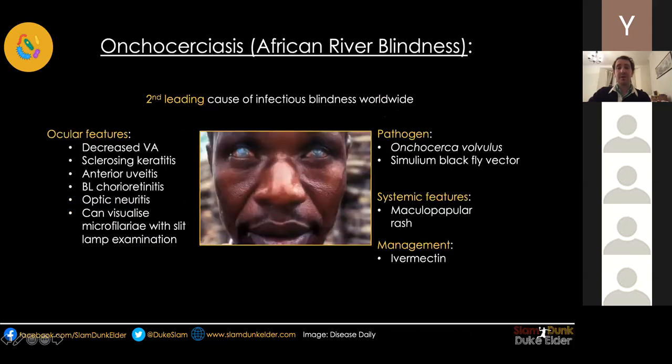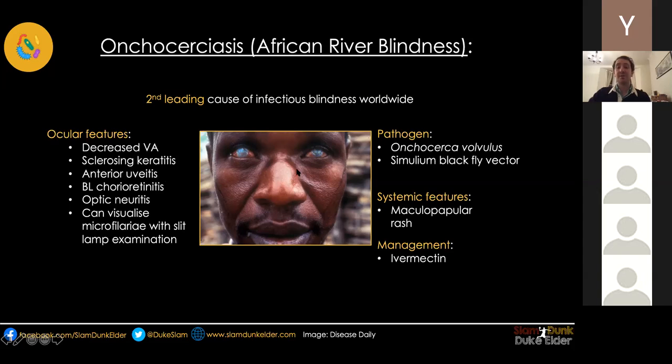Another very problematic common cause of infectious blindness, again not often seen in the UK, is African river blindness, which can also cause a maculopapular rash. You get decreased visual acuity, sclerosing keratitis, and optic neuritis with this as well.